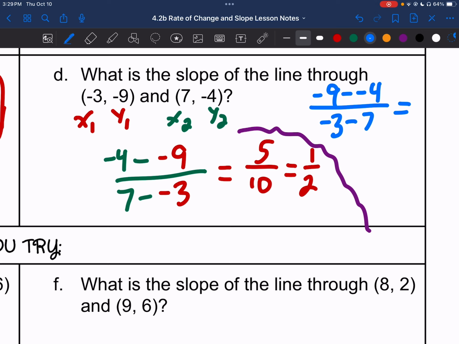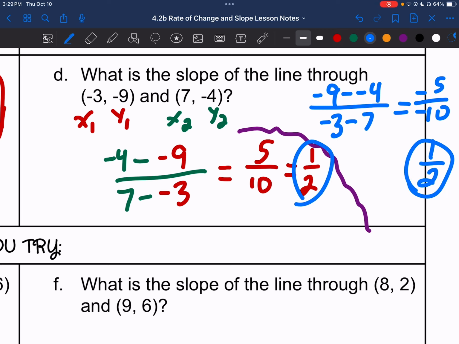I'm going to get negative 9 minus negative 4 is going to give me a negative 5. And that's going to be over negative 3 minus 7, negative 10. And that's going to reduce to a positive 1/2.